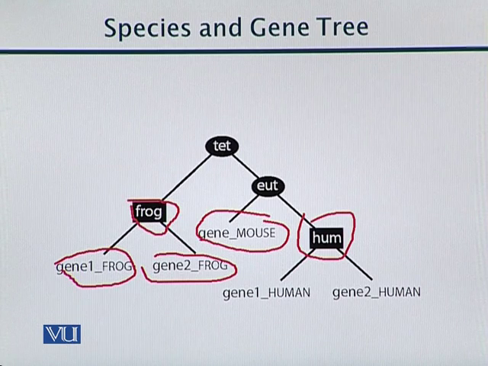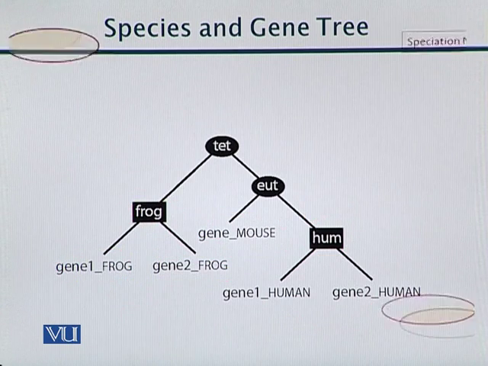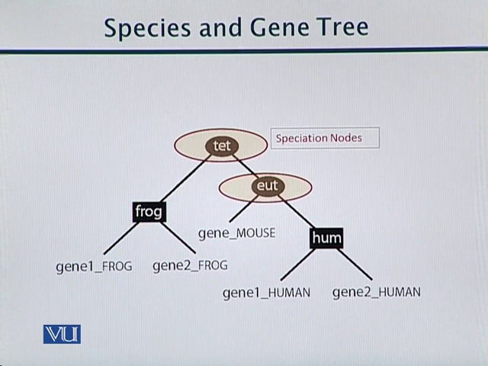You can see that there are different levels of these genes. For example, for frog we have two genes. For humans we also have two genes. So a gene is duplicated here, and in some cases there might be loss of genes also. Nodes are shown as speciation nodes where this event is occurring.